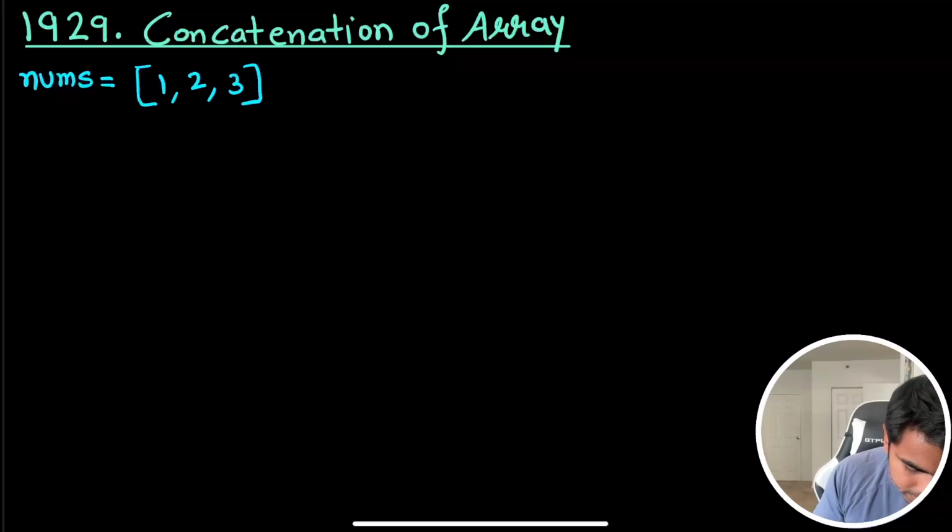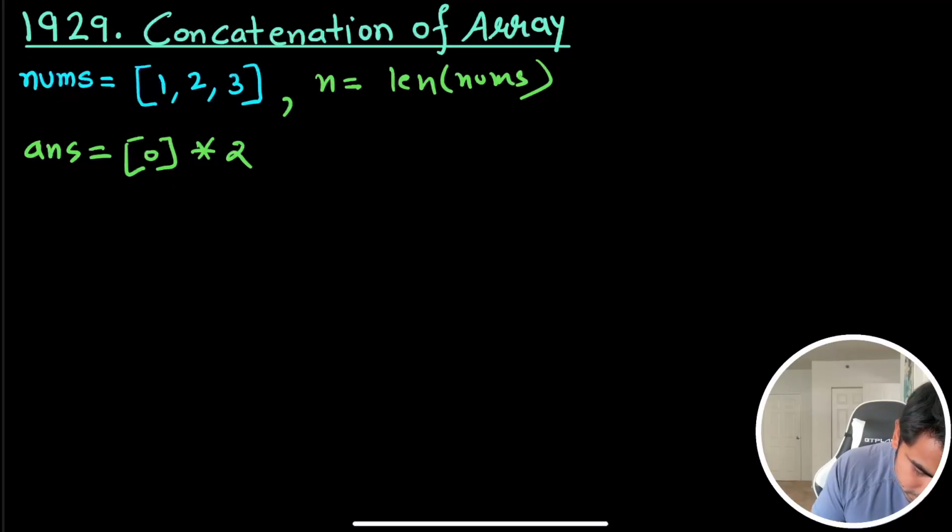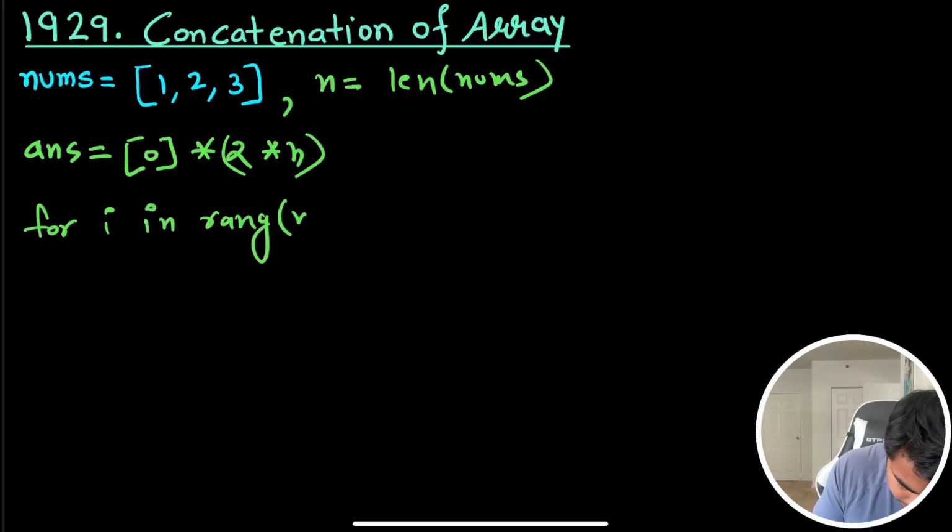So what we'll do is we'll create an answer array of size twice the size of nums. So n will be length of nums, right? Twice the size of n. Now we have this answer array. What we'll do is we'll run for i in range n, right? Now answer is of size twice that of nums.